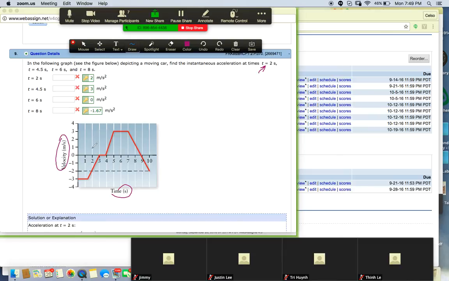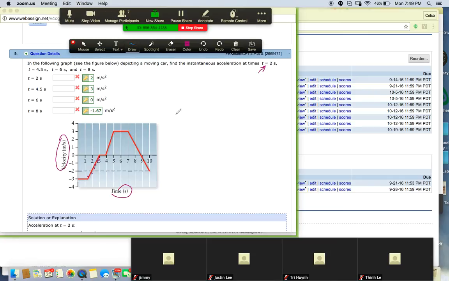So time 2 seconds is right here. The instantaneous acceleration is the slope at that point. But you have a line here, so the instantaneous acceleration is going to be the same here, the same here, the same everywhere. It doesn't change. And it is equal to what?